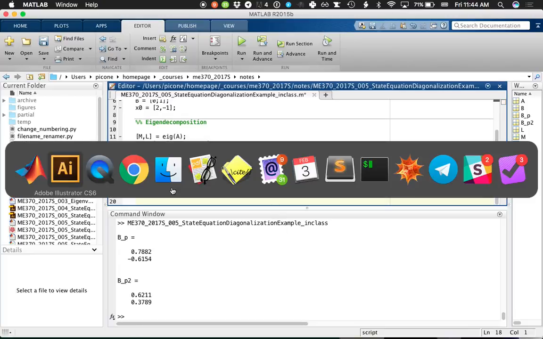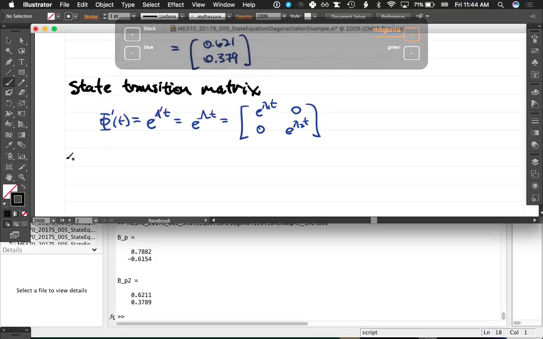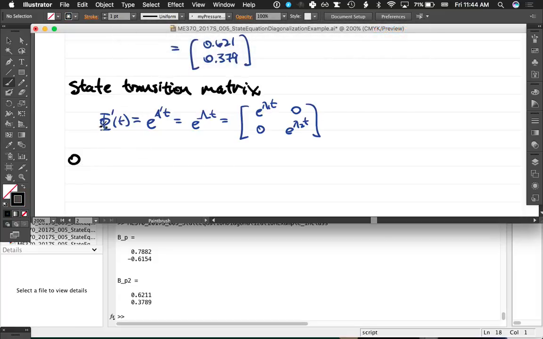So easy enough. And now we want to compute the output, or I guess the state. So the state homogeneous solution.